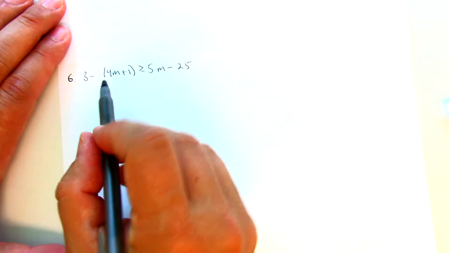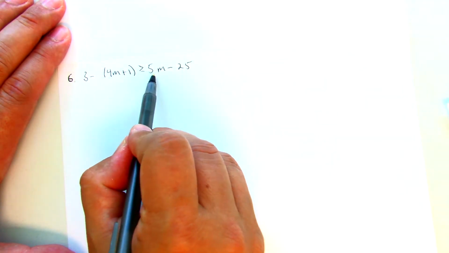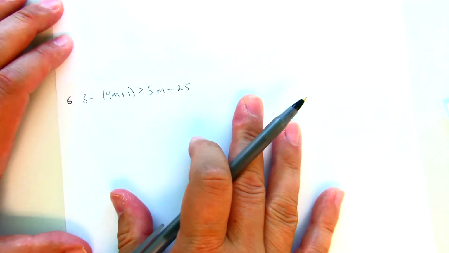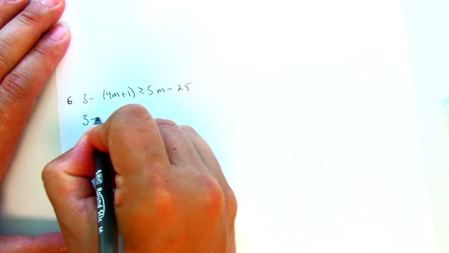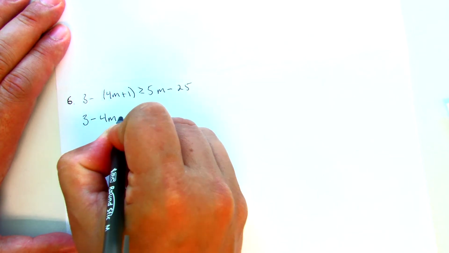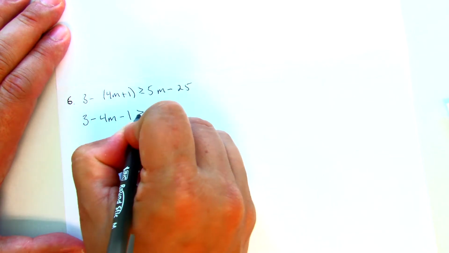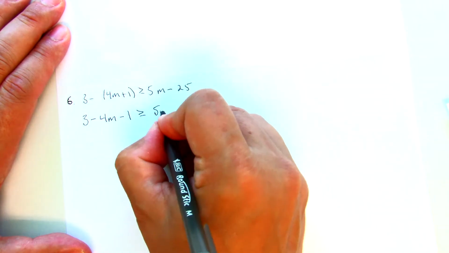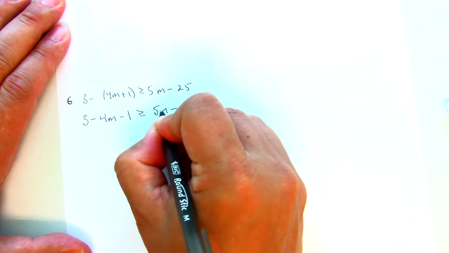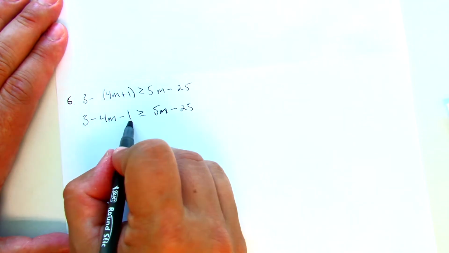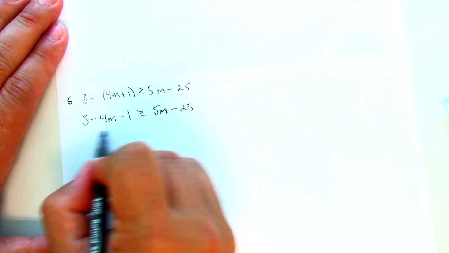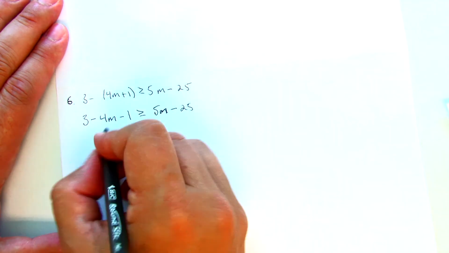3 minus the quantity 4m plus 1 is greater than or equal to 5m minus 25. Okay, so start by getting rid of these parentheses, which we'll do by distributing the negative: 3 minus 4m minus 1 greater than or equal to 5m minus 25. We've got two constants on this side, so we'll combine like terms. Remember, we only combine like terms on terms that are on the same side of the equation.